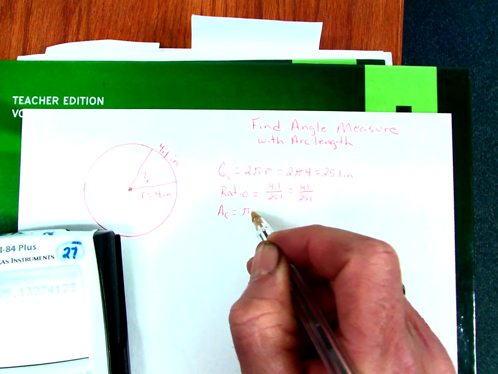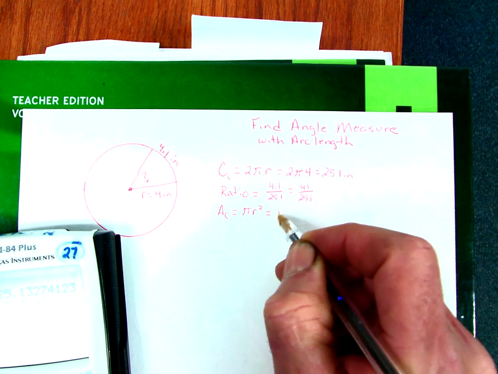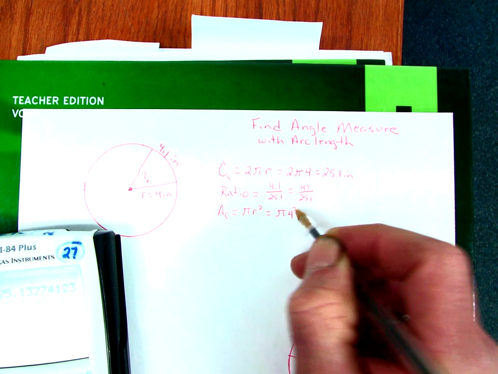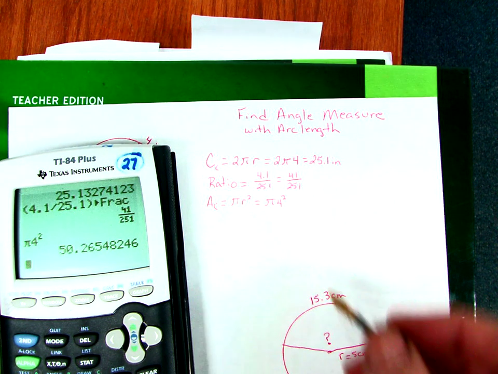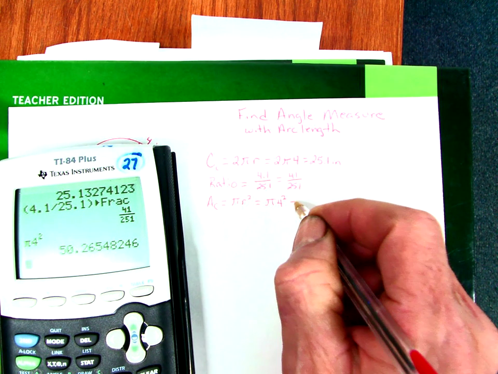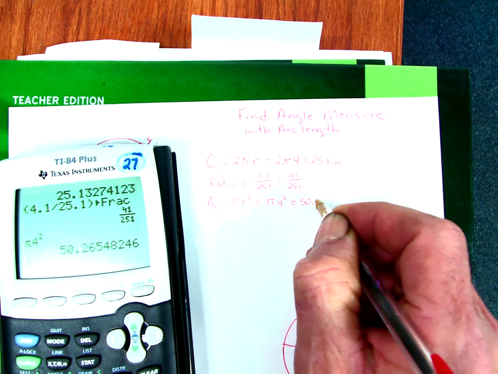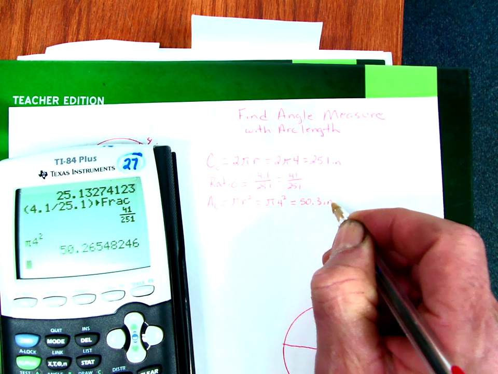It's pi times radius squared, so pi times 4 squared equals 50.3, and that's inches squared.